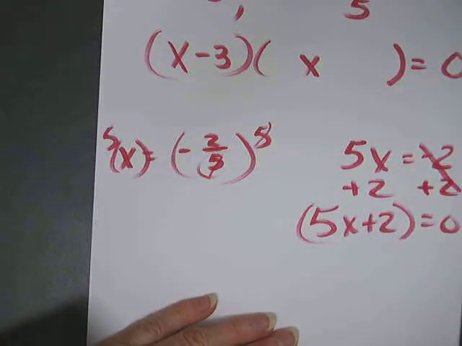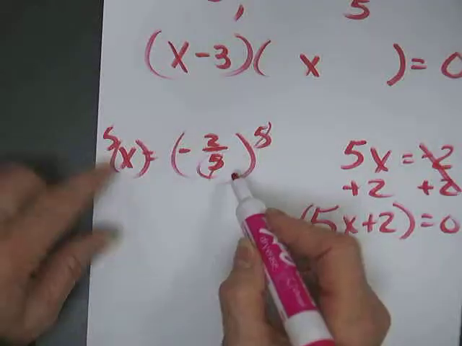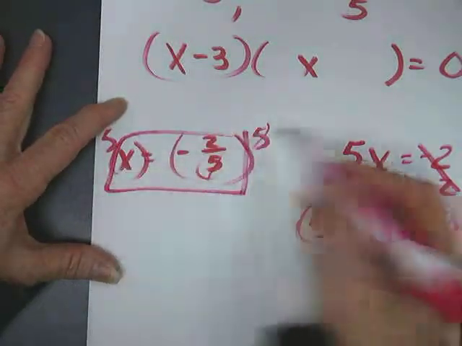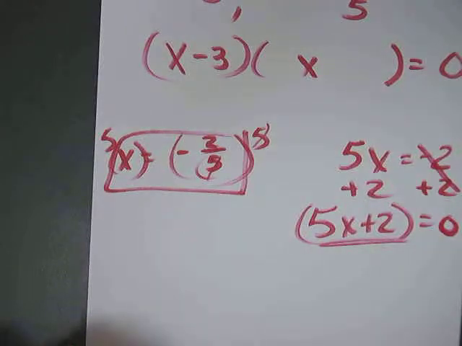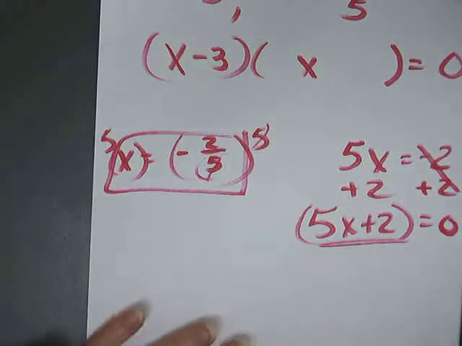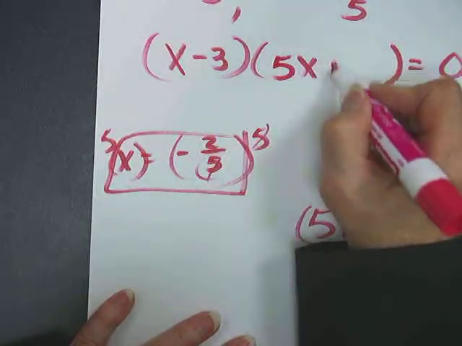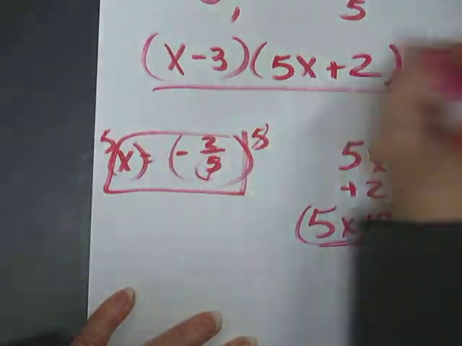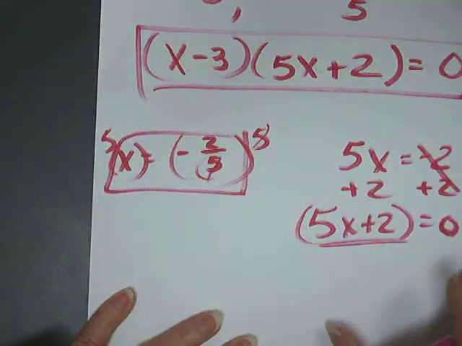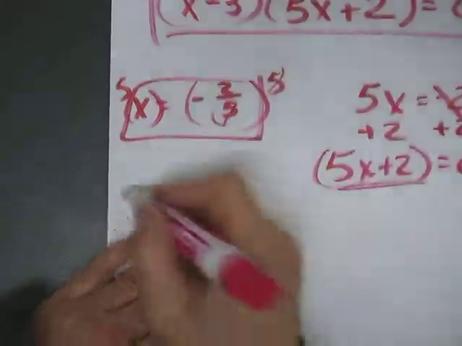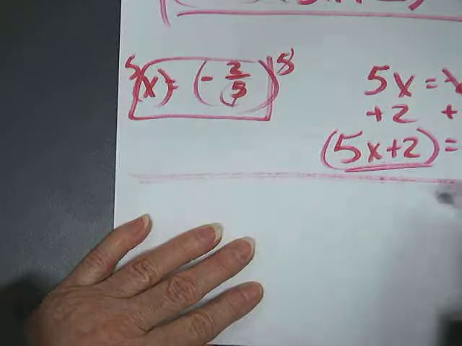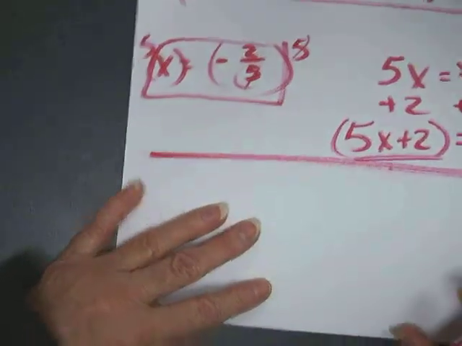Plus 2, plus 2. So 5x plus 2 equals 0. See, this way we would have subtracted 2 and then divided by 5 and you would have got that. So you start with x equals that and get it where it equals 0, and that will be your other factor. The fraction one's a little harder.